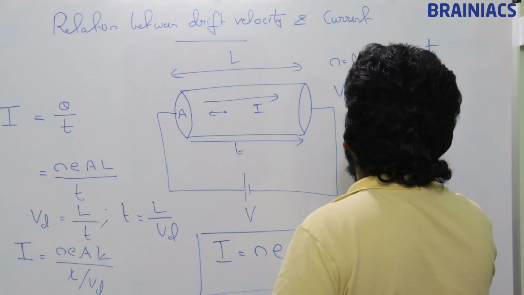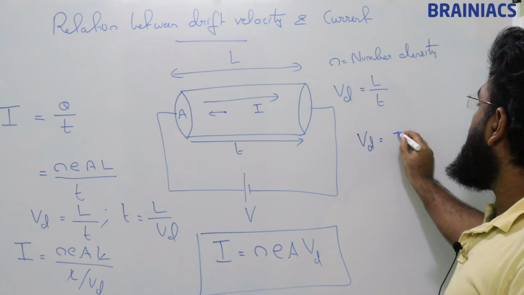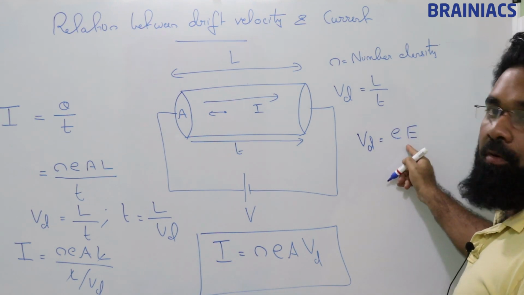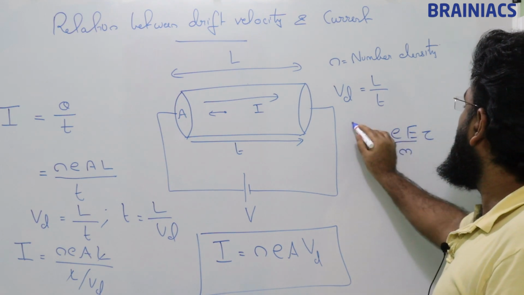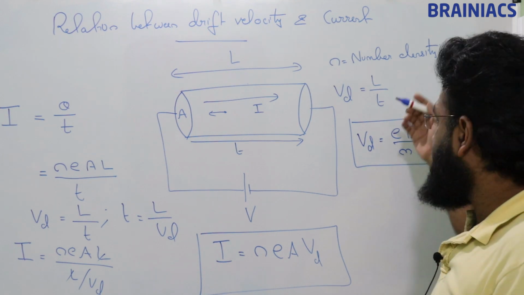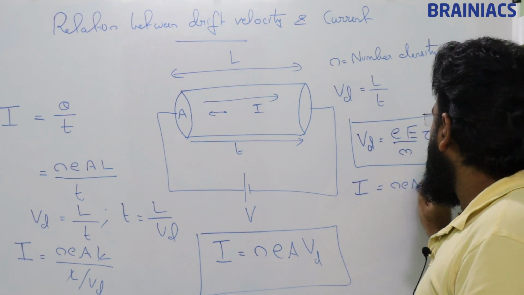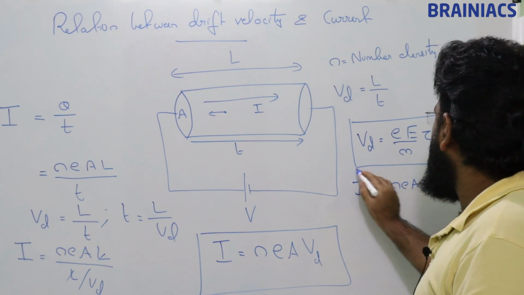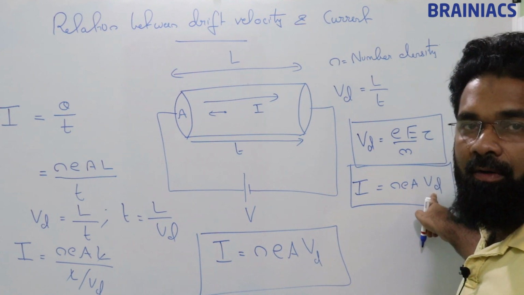This is the formula of drift velocity, eE divided by m, mass of the electron, into tau, the average relaxation time. Another formula is nAevd. So from the current also we can find drift velocity.